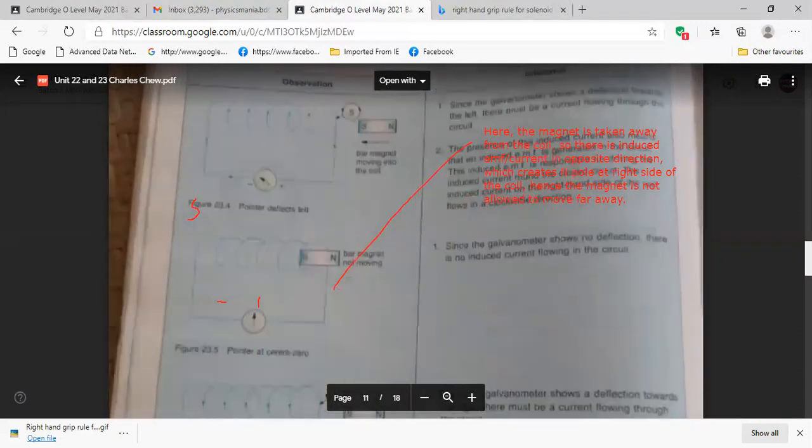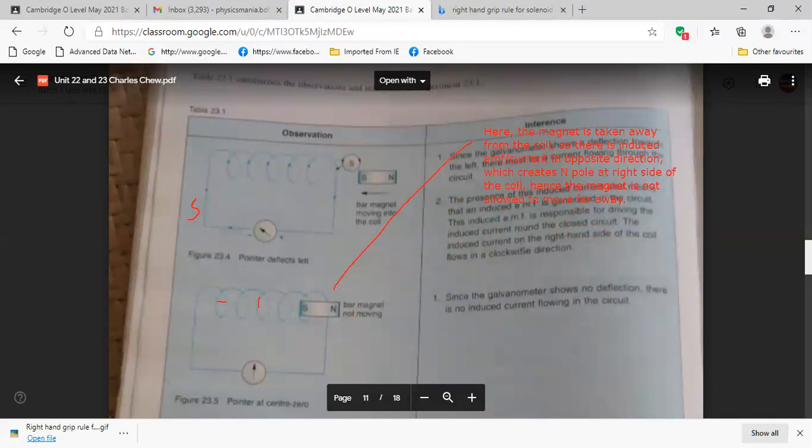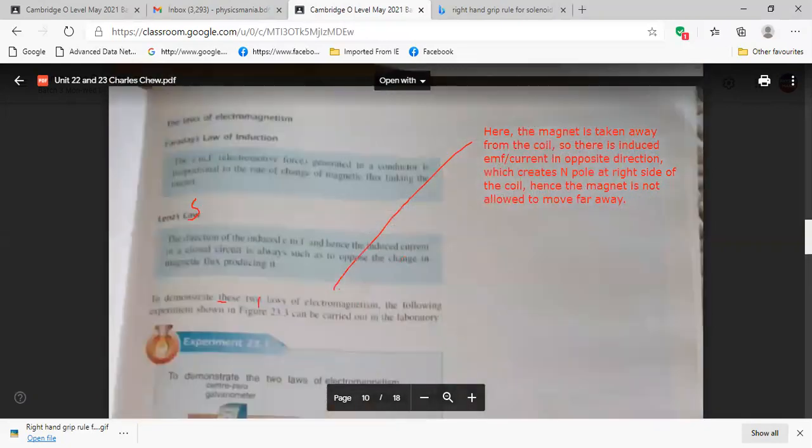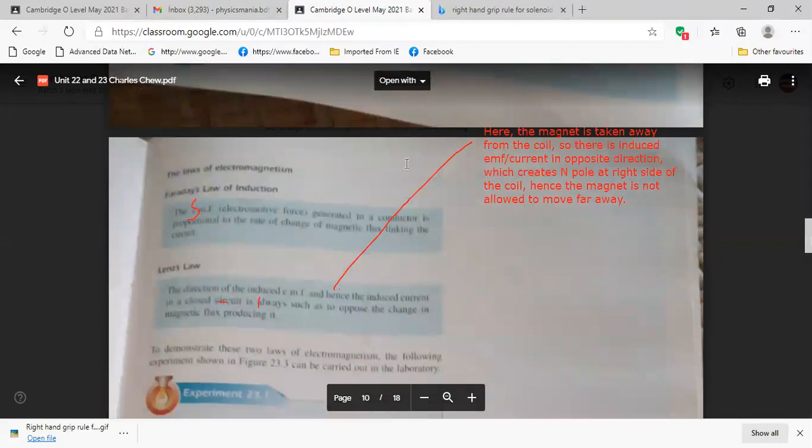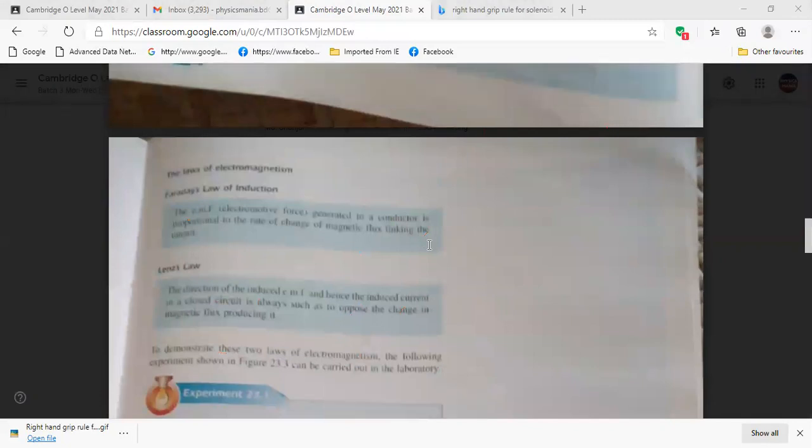Now, if you write Lenz's law, you'll understand also. You wrote here Lenz's law, right? Yes. Can you read the law now? The direction of the induced EMF and hence the induced current in a closed circuit is always such as to oppose the change in the magnetic flux producing it. So magnetic flux means flux.